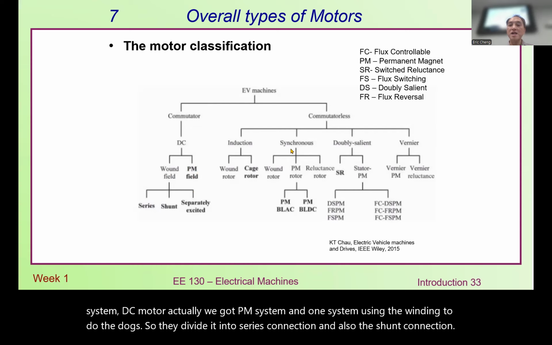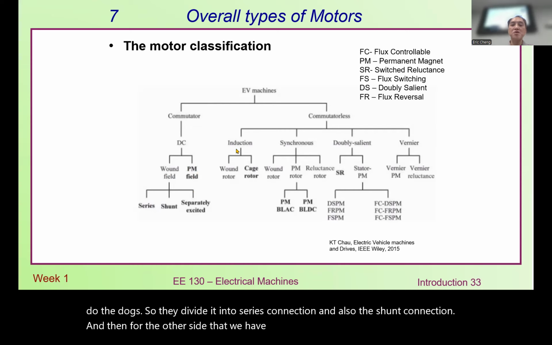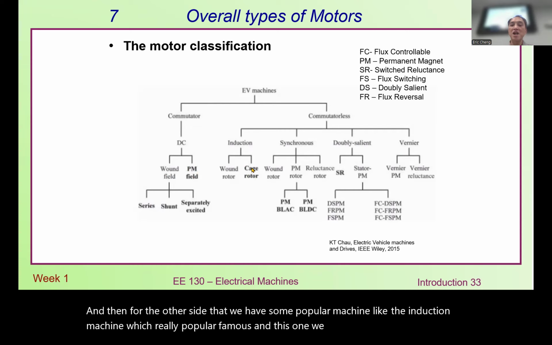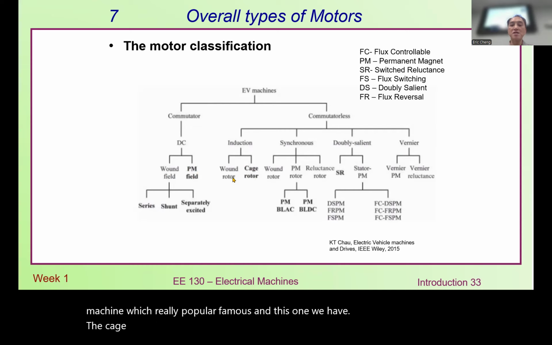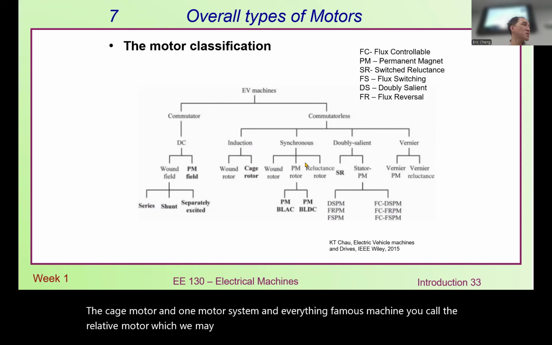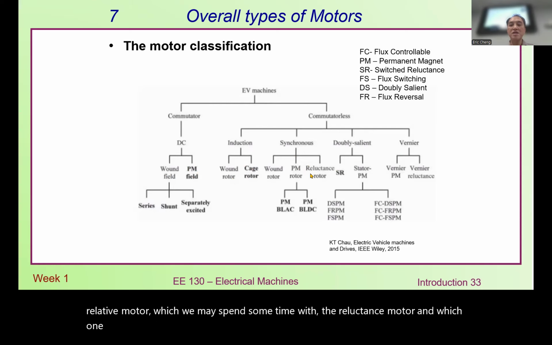On the other side, we have some popular machines like the induction machine, which is really famous. For this one, we have the cage motor and the wound motor system. Another famous machine is the reluctance motor, which we may spend some time on, and which is also a really famous machine, highly safe.